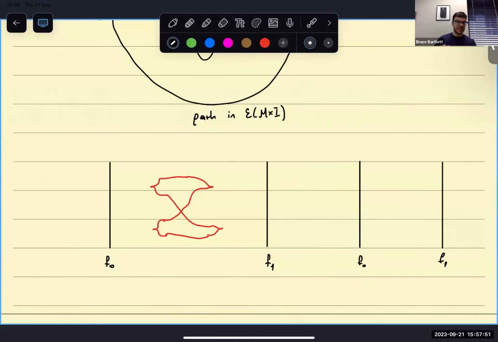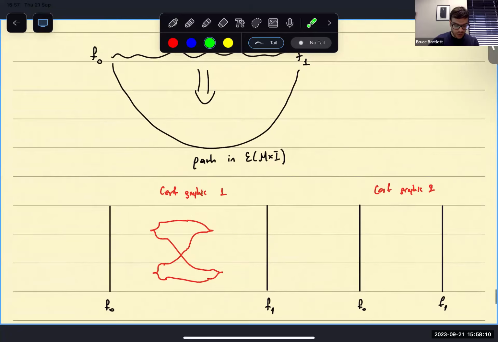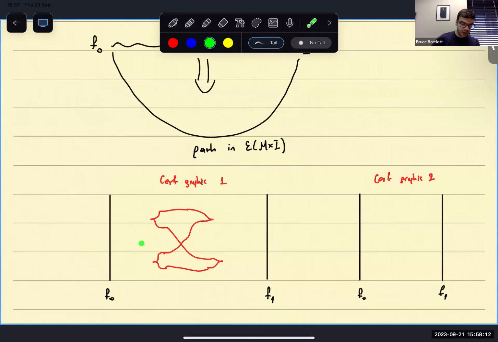So that's like surf graphic 1. Surf graphic 2. So at least pictorially, what I want to do if I want to prove the pseudo-isotopy theorem is to show that if you give me any surf graphic, I can turn it into the empty surf graphic.